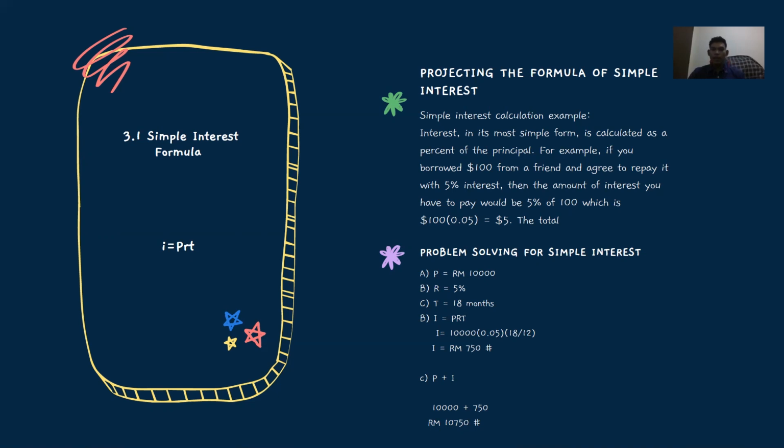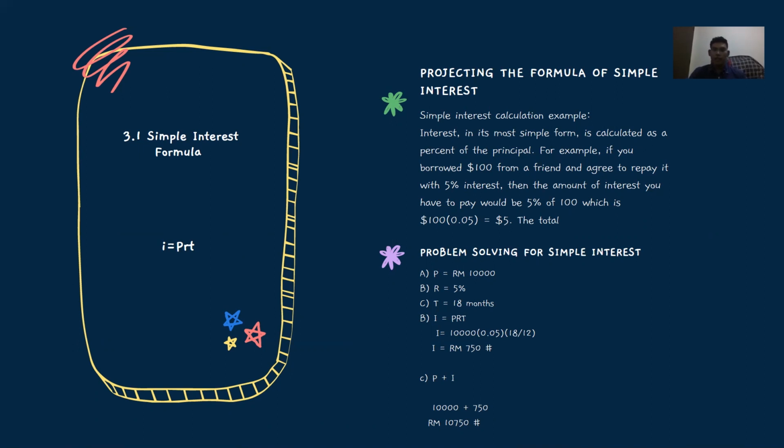We can look at the problem statement. P is 10,000, R is 5%, T is 18 months. B, calculate the amount of interest charged. You put in all the amounts, and the answer you get is 750 ringgit.